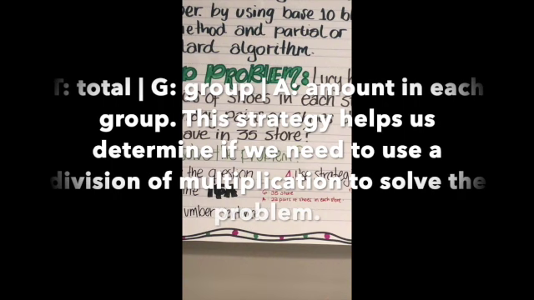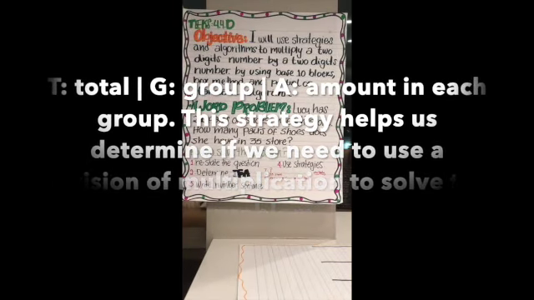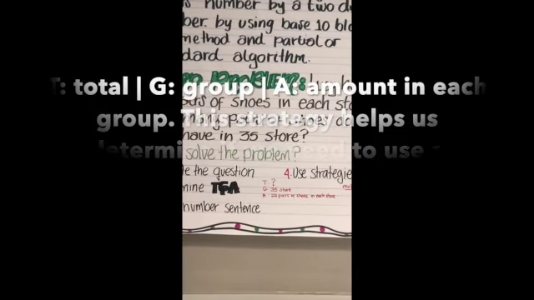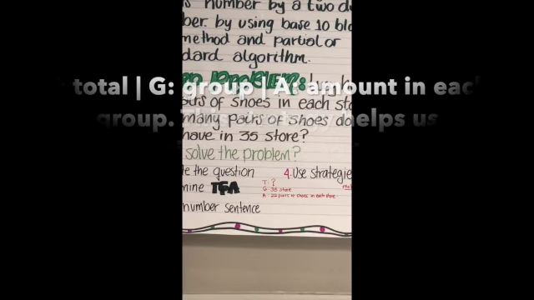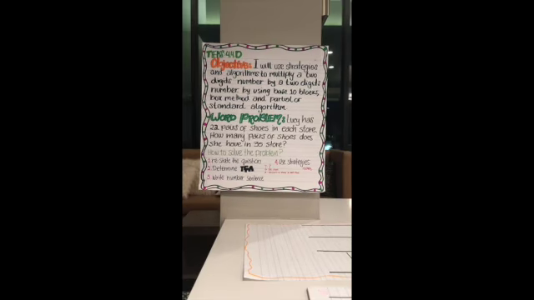Group stands for the group in the problem, so the group will be 35 stores, and the amount in each group will be 22 pairs of shoes in each store. Once we have determined that, we have to write a number sentence. So the number sentence here will be 22 times 35 equals blank.